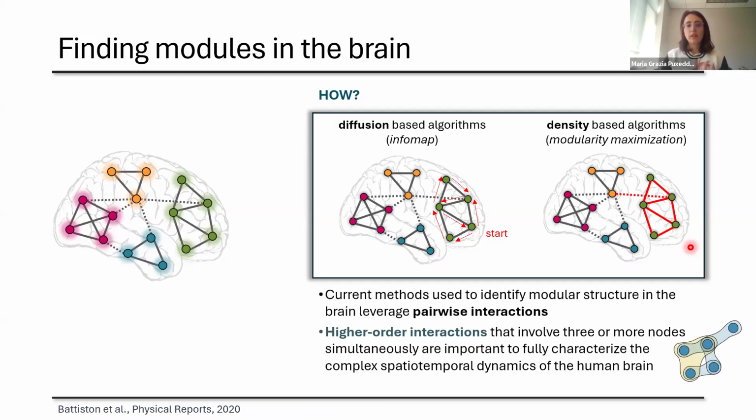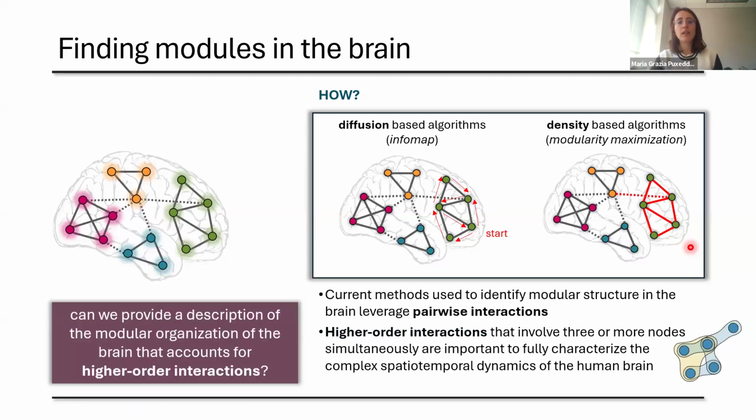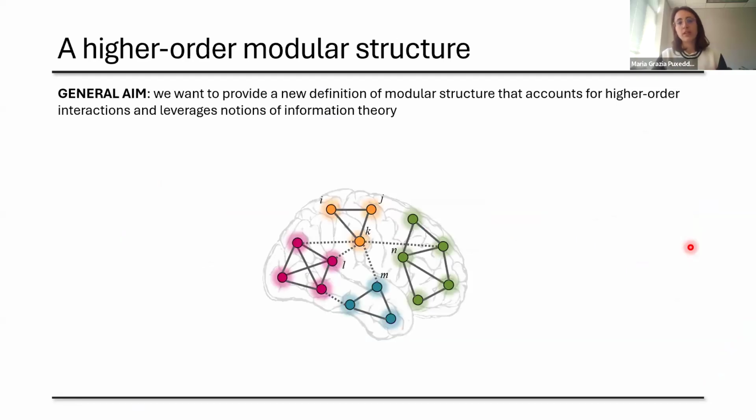So the question that we wanted to answer with this work is, first of all, can we provide a description of the modular structure that accounts for higher order interactions? And consequently, can we implement a community detection algorithm that finds a modular structure that accounts for these higher order interactions? So this is our general aim.